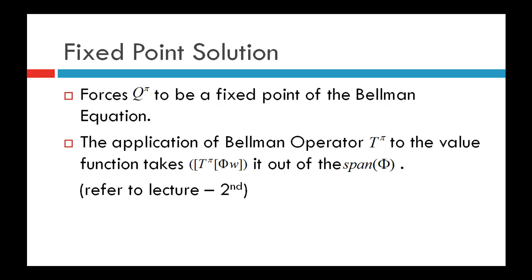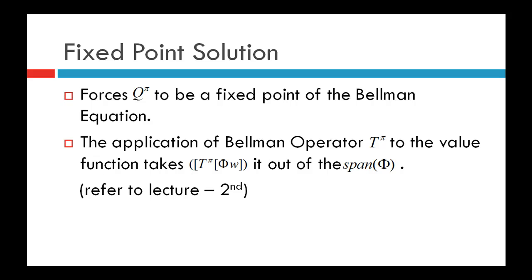The effect of the application of the Bellman operator on the value function phi W is that it takes the resulting vector out of the span of the matrix phi, where the span of phi is the set of all possible linear combinations of the columns of matrix phi. It is also known as the column span of matrix phi.